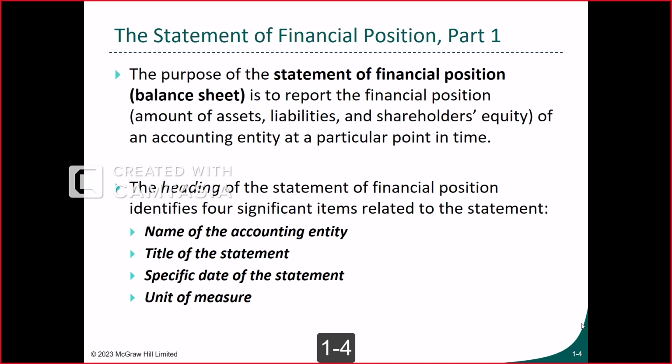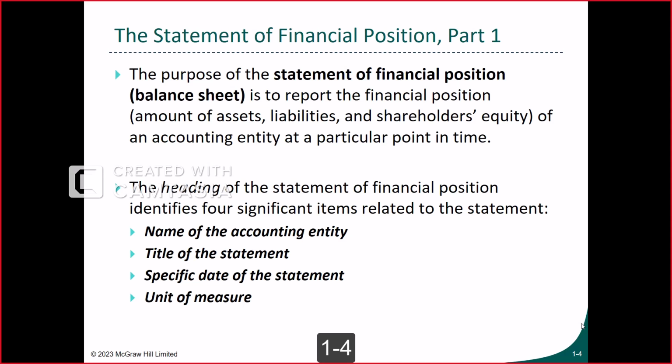And as I said, this financial statement is standardized. So the heading, you have to prepare it in compliance with the standard. Among the requirements are formal requirements: the name of the company, the title of the statement, the date of the statement, and the unit of measure, whether it is $1 or $1,000 or $1 million, depending on how this is presented.